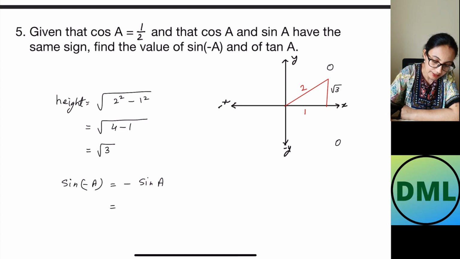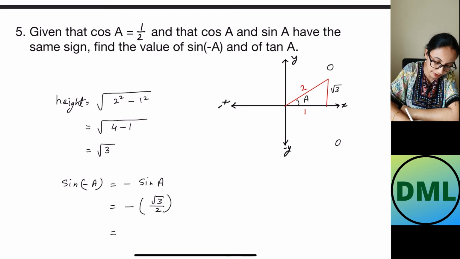For this angle A, opposite is root 3 and hypotenuse is 2. Negative of sin A is negative root 3 over 2. So the value for sin negative A will be written as negative root 3 by 2, which will be my answer.